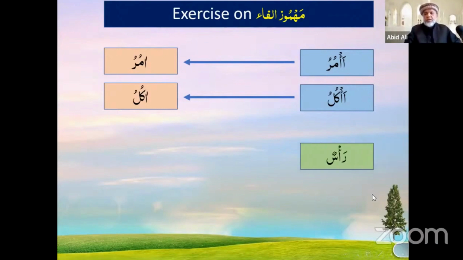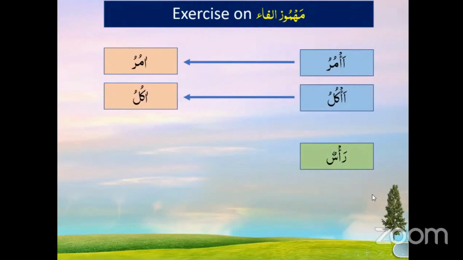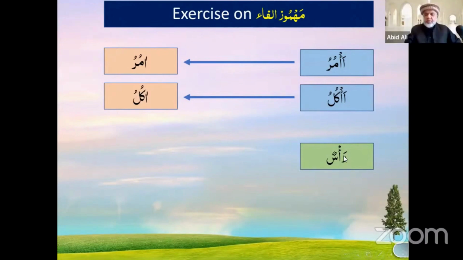Now look at this one. Ra'sun. Here, before the Hamza Sakina, instead of having another Hamza, I have a regular letter. And look at the position of the Hamza. Is it in the Fa or in the Ain? It's in the Ain. Now the rule is the same. What is the haraka on the first one?